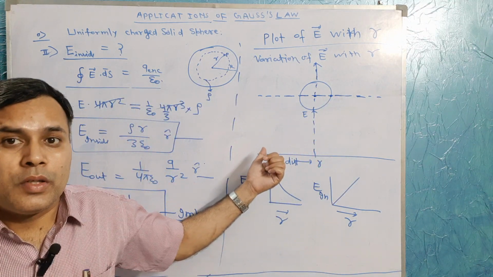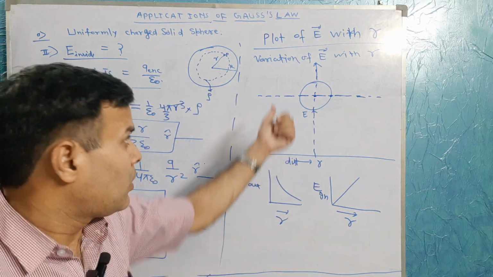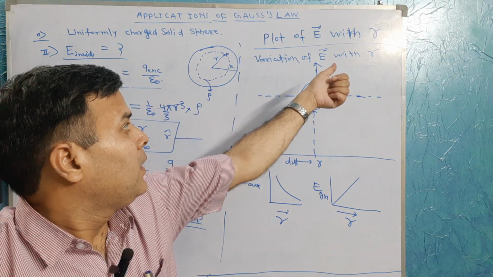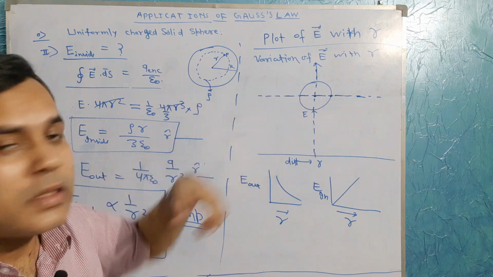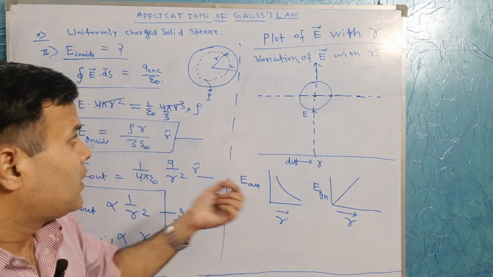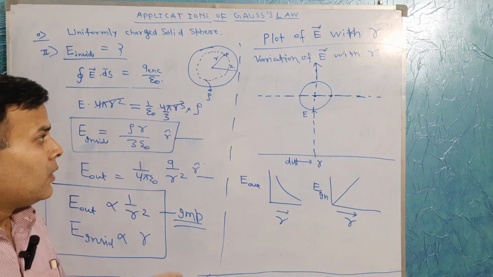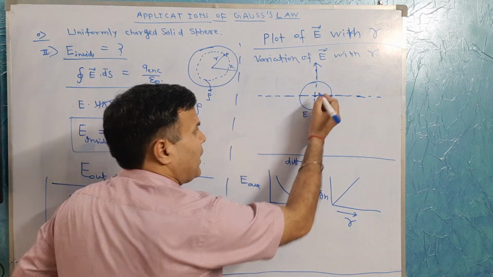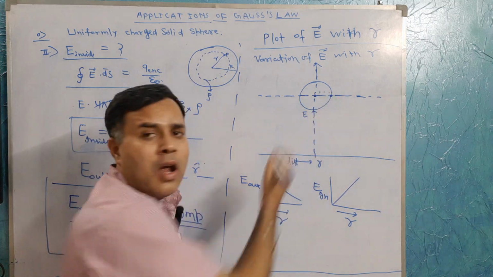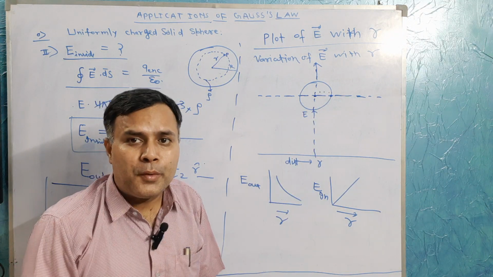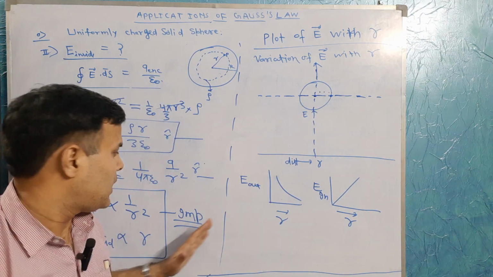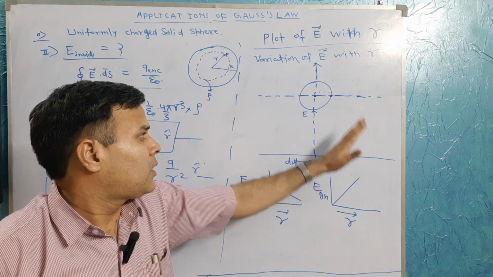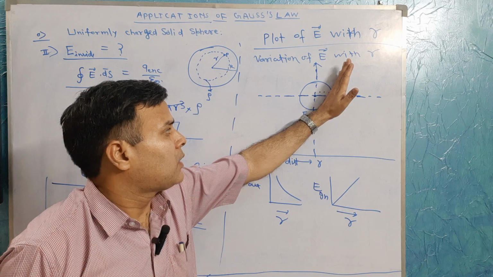This is a very important question: plot the variation of E with r, the variation of electric field for a uniformly charged solid sphere of radius R. So for the electric field inside, we can take a point here, here, or up to the surface. The electric field behaves as a straight line, a linear behavior with distance up to the surface.